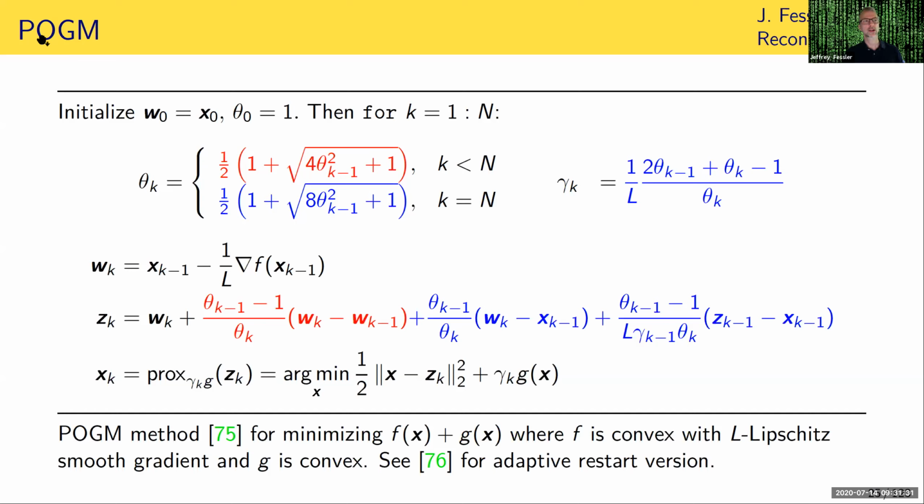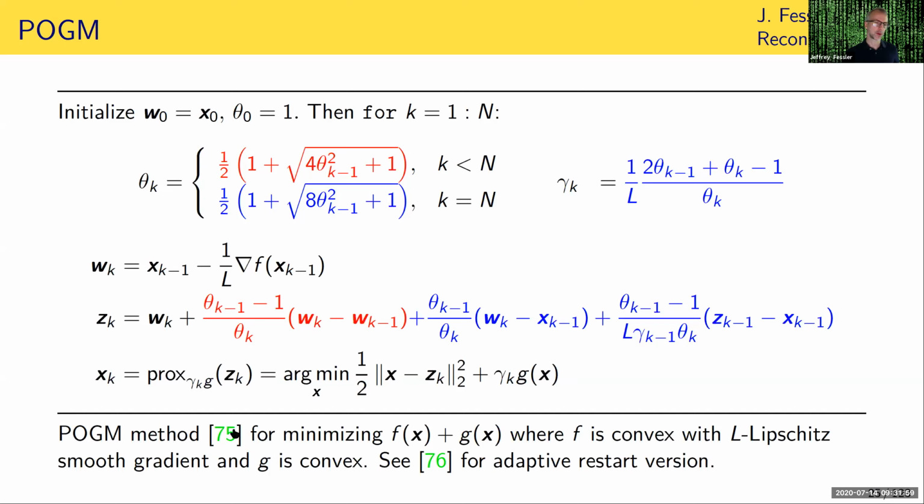So the proximal optimized gradient method is an extension of Vista, if you want, that has these additional terms that are shown in blue. There's a slightly different magic momentum factor for the very last iteration, for the nth iteration. And along the way, there's a couple extra momentum-like terms that involve differences between various quantities.